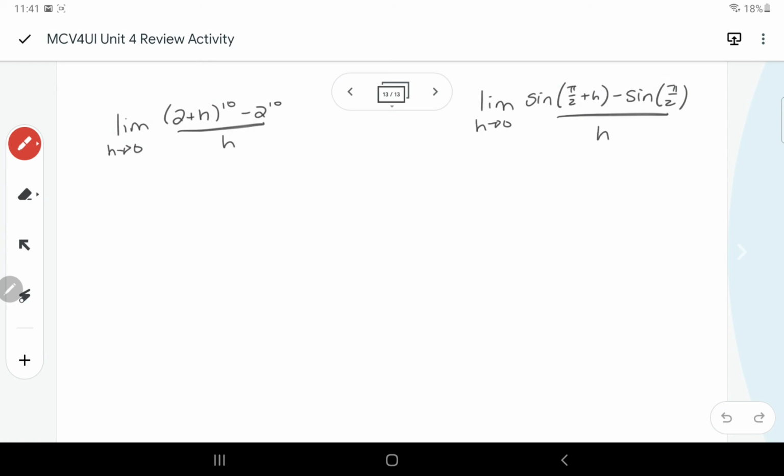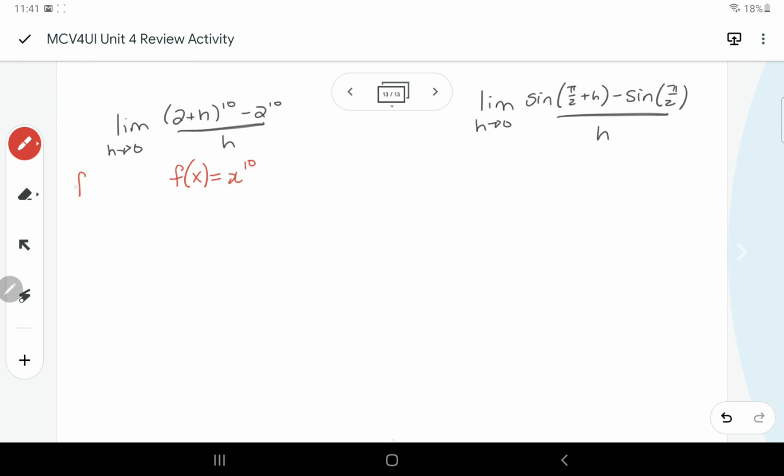The last thing is 2 more examples that I put up that were similar to that previous example where it was the limit that really looks like the first principles definition of a derivative. So what this first one is asking us, this is the first principles definition of a derivative if f at x is x to the 10. So this is the parent function, x to the 10 there.